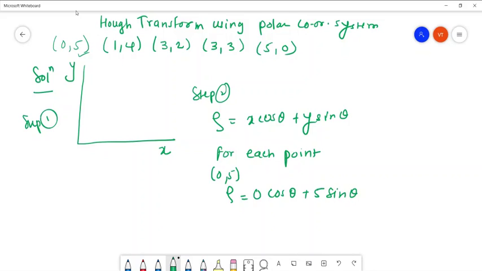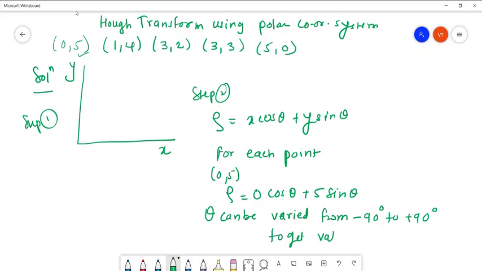Now what we have to do is, you can vary this theta. Theta can be varied from minus 90 degrees to plus 90 degrees to get values of rho.